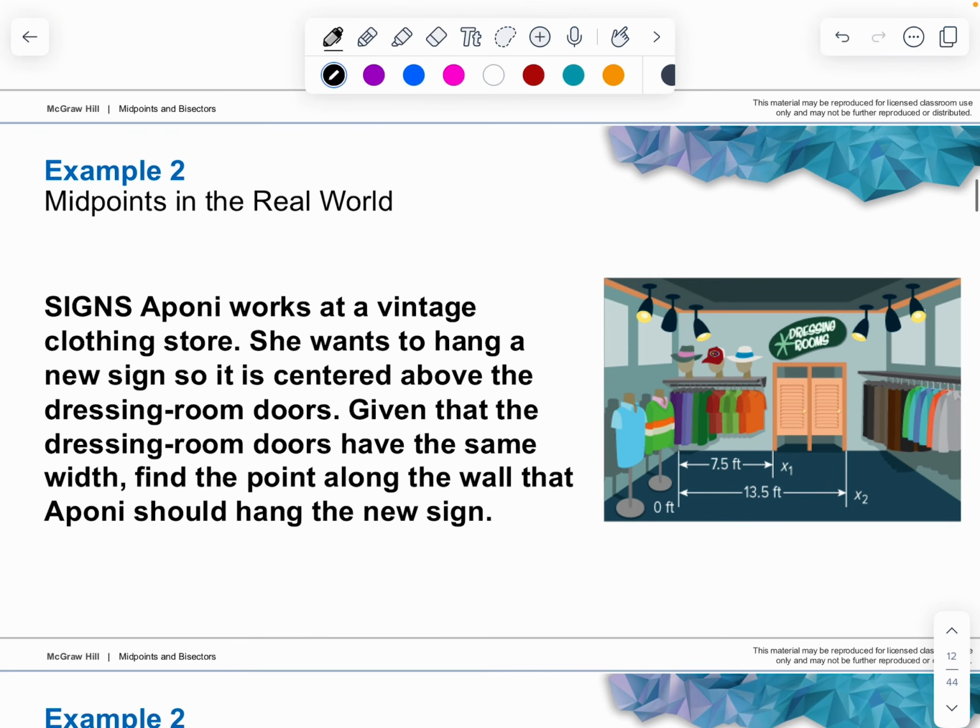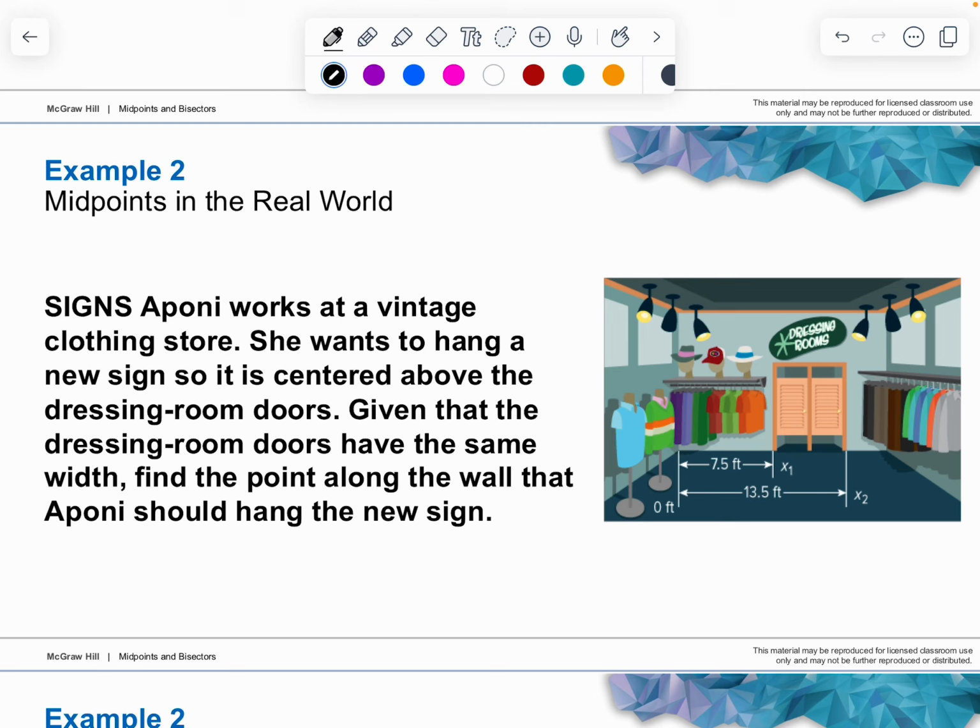Okay, let's try a real world problem. A pony works at a vintage clothing store. She wants to hang a new sign that is centered above the dressing room doors. Given that the dressing room doors have the same width, find the point along the wall that a pony should hang the new sign. And she measured from the wall to each of the sides of those doors. Okay?